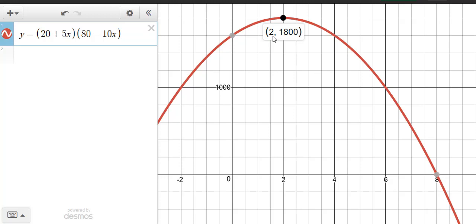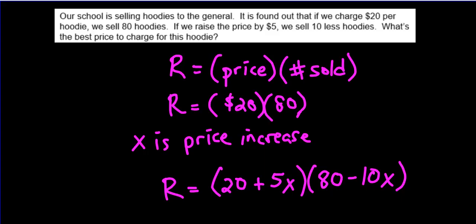All right. So there's 2 and there's 1,800. What do these numbers mean? The numbers along the bottom are the price increases. The number up the side is our revenue, how much money we make. Okay? So 2 price increases will give us $1,800. Let's remember that. So let's write that down.